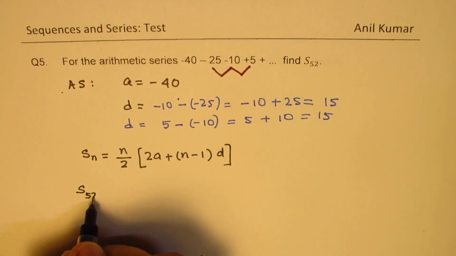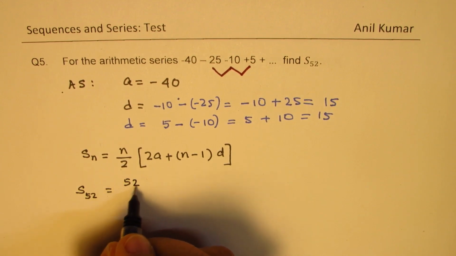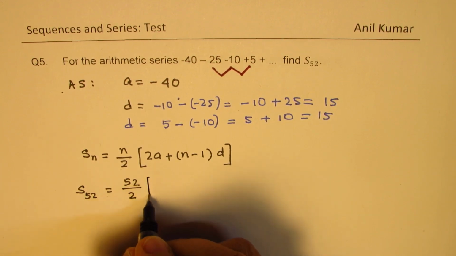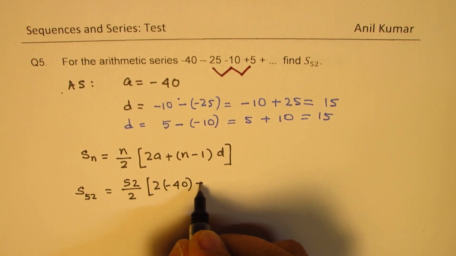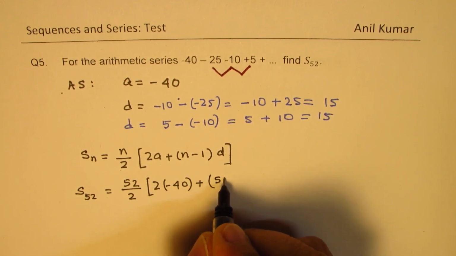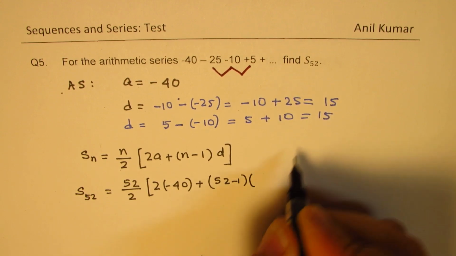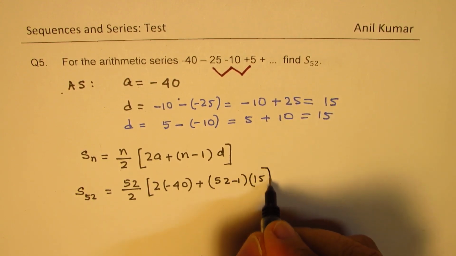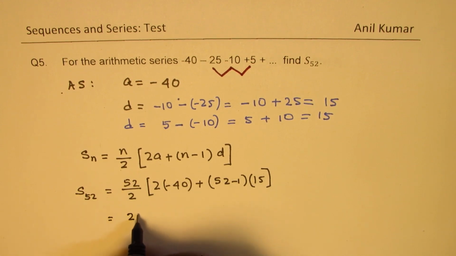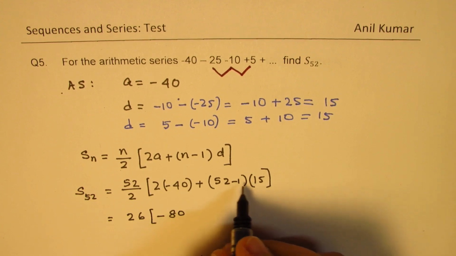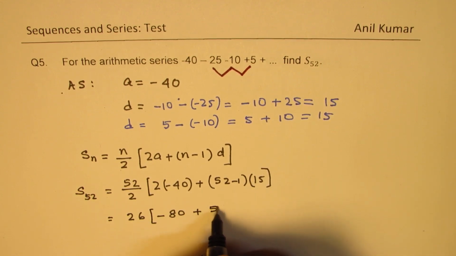So S52 will be equal to 52 divided by 2 times twice a, which is minus 80, plus 52 minus 1, and d is 15 for us. So we have half of this, which is 26, times minus 80 plus 51 times 15.